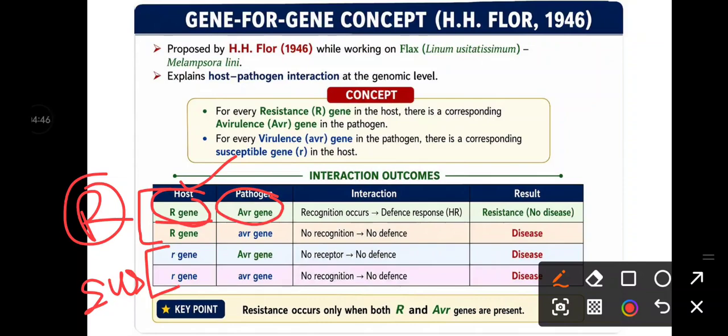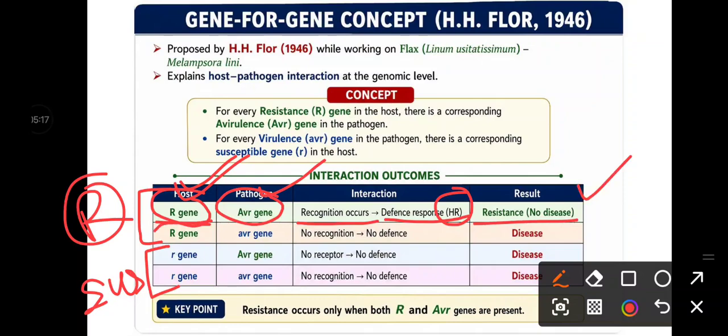So there must be an AVR gene present in the pathogen that will be recognized by our plant resistance gene. Then the recognition occurs, and due to the recognition, defense responses will be activated. With the AVR gene and R gene, the first response activated is the hypersensitive response, no disease will be there, and the plant will show resistance.